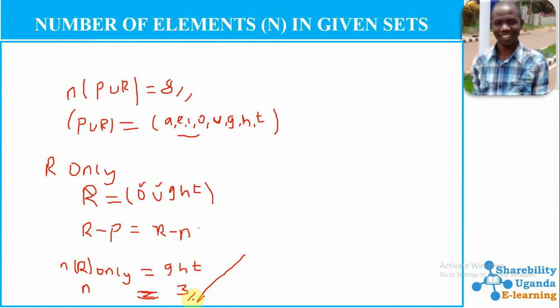So this is how we can solve when you are given a diagram and they want you to get out the numbers, or they want you to get the complement of these numbers or the intersection of these numbers. Please use this concept to come up with the right answer.